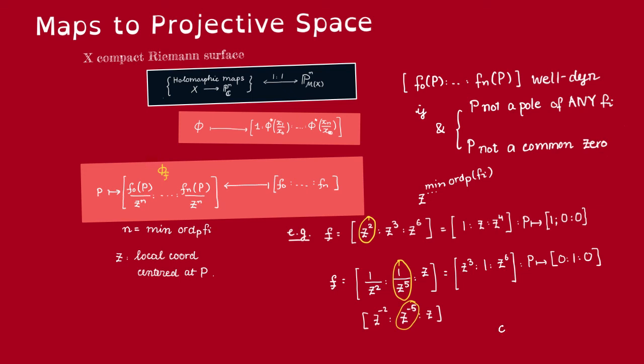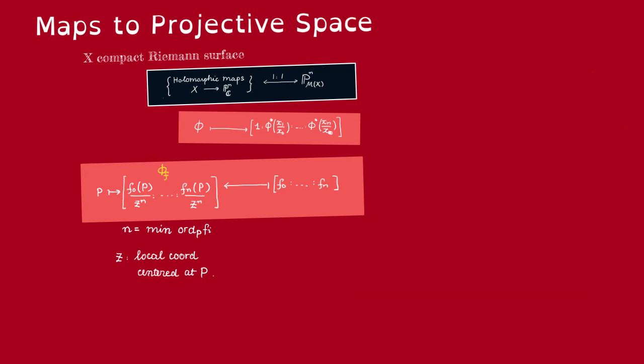After we do so, the order of vanishing at p of all the fi must be greater than or equal to 0, so that there is no pole. And for some fi, let's say f_0, we'll have that the order of vanishing at p of that is going to be 0, so that p is not a common zero of all of these new coordinates. And that is how we reconstruct a holomorphic map from a tuple of n+1 meromorphic functions on X.